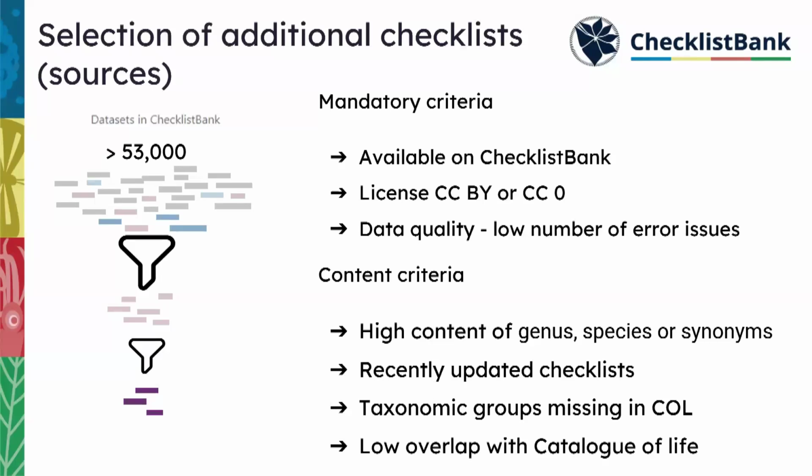In the next talk, Camila Plata will present a more detailed explanation on the type of sources considered in the enhanced process. Here we just present the mandatory criteria that we consider and some of the content criteria that are considered before adding any source.